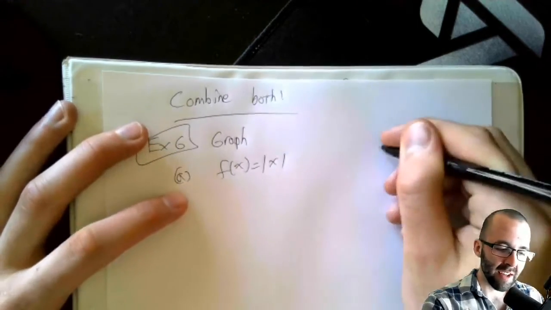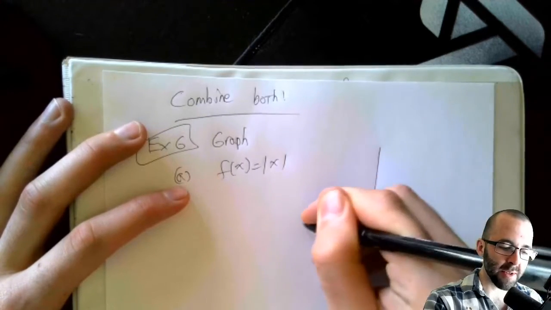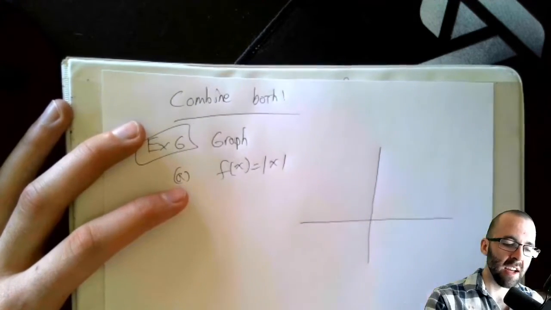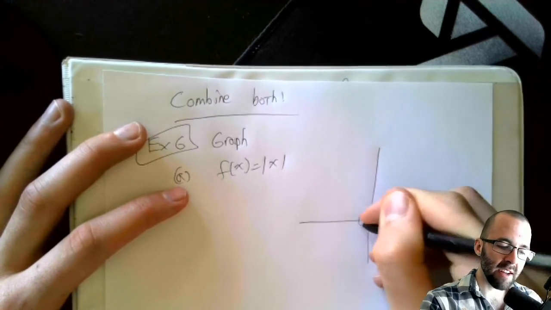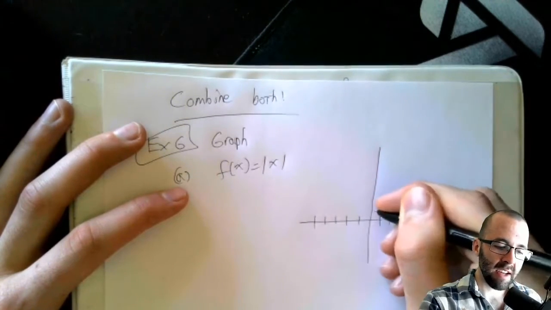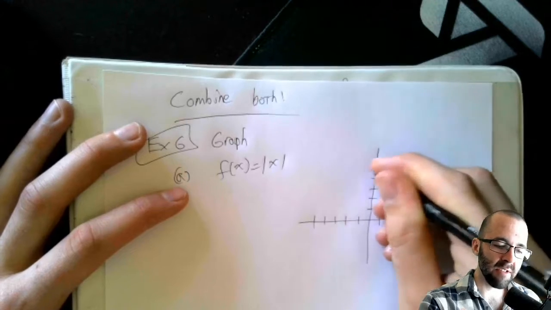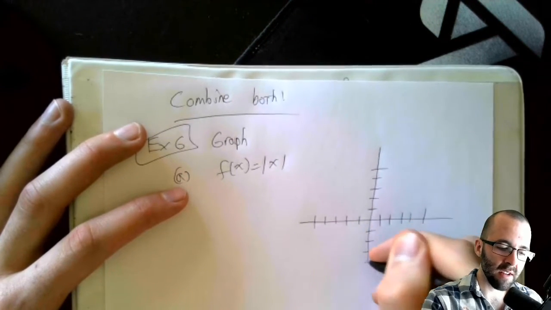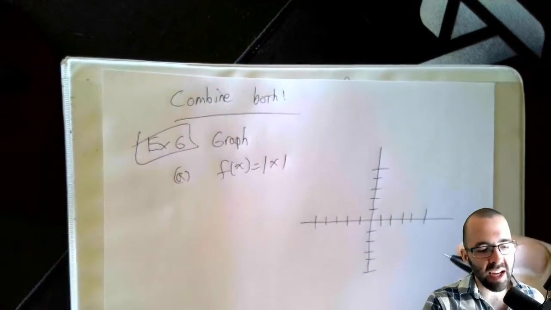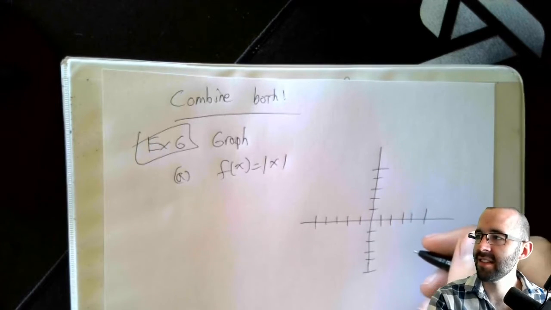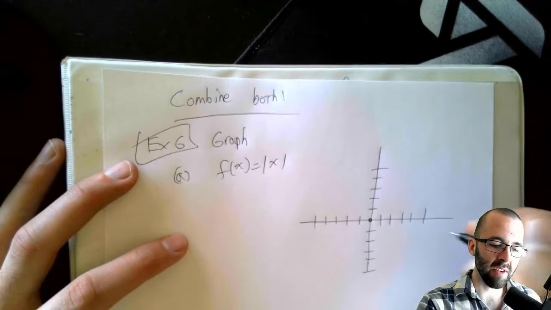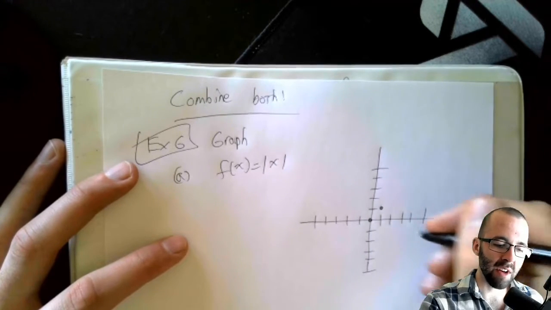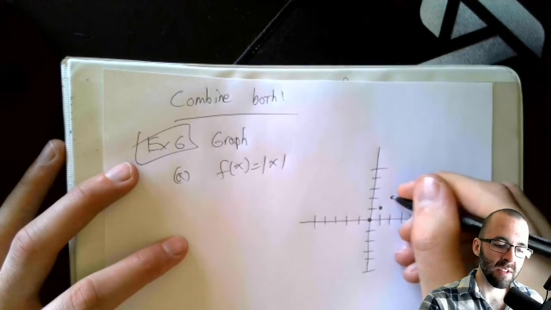Same with these math problems. So hopefully you remember what the absolute value function looks like. The absolute value function looks like a V, because all it does is if your input is positive, absolute value doesn't change anything. But if your input's negative, it turns it positive. So remember, absolute value of 0 is 0. Absolute value of 1 is 1. Absolute value of 2 is 2.